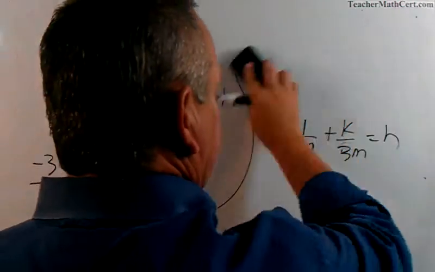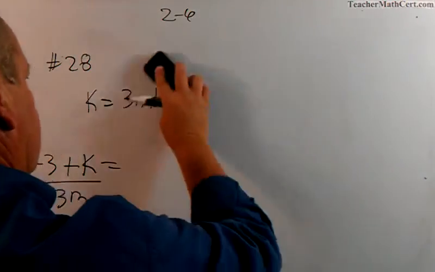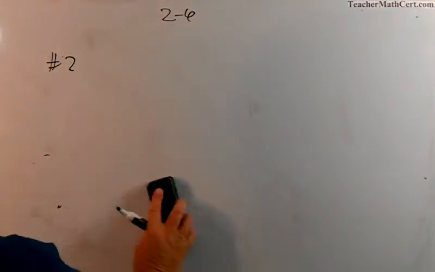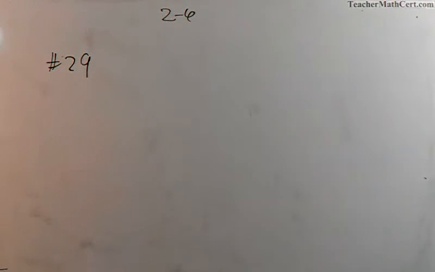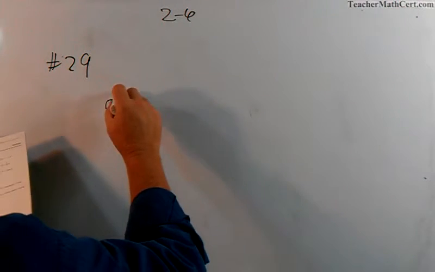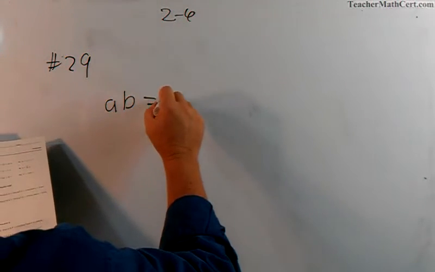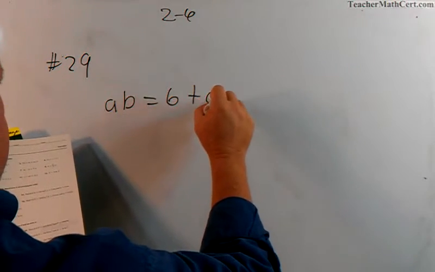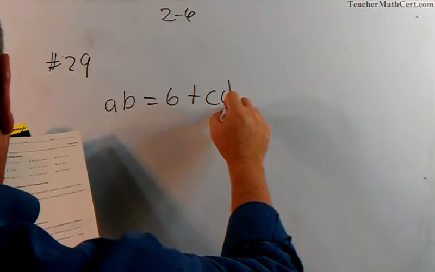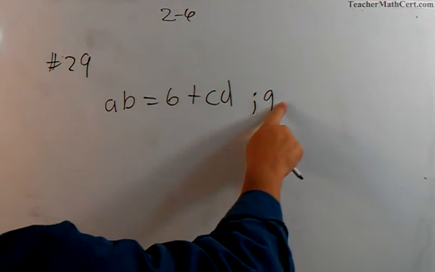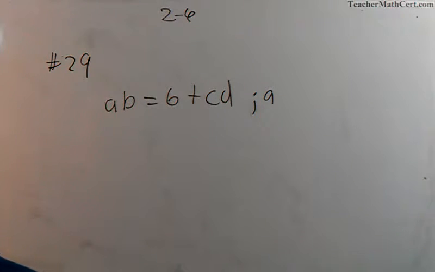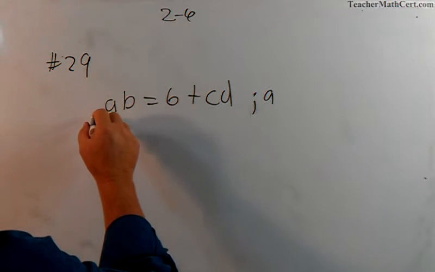Number 29. Let's see here. A times B equals 6 plus C times D. We're solving for A. Alright, so simple one.